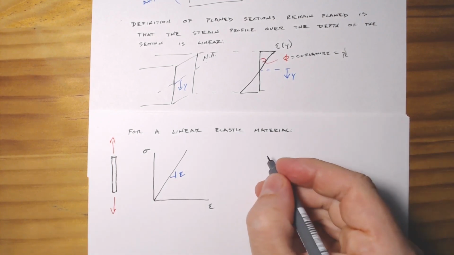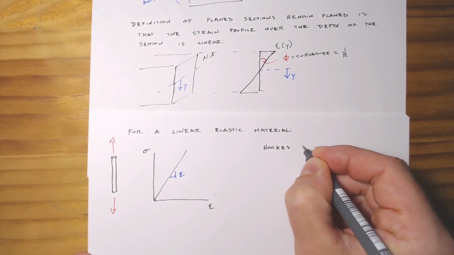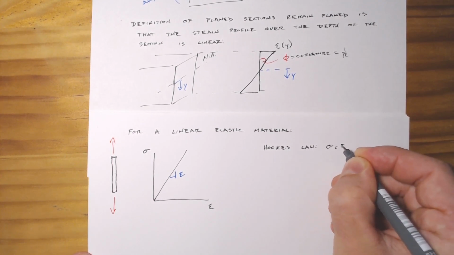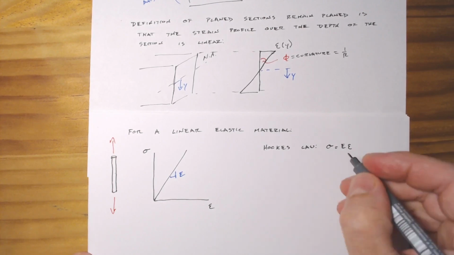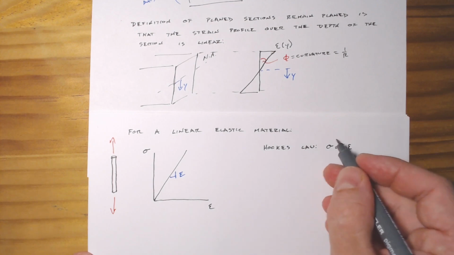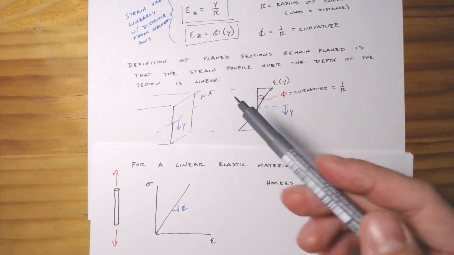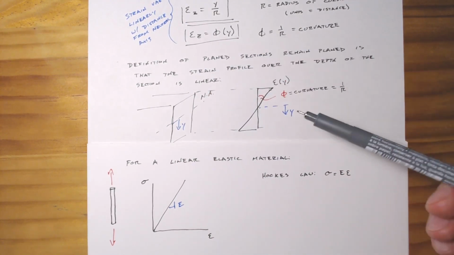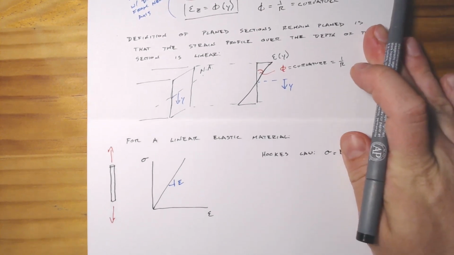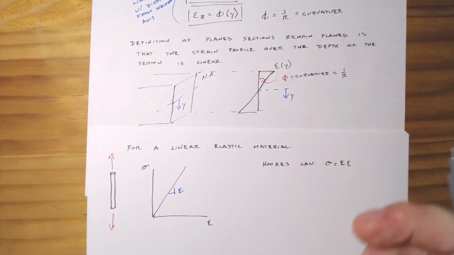So if we use the fact that from Hooke's law, the stress is simply going to be the Young's modulus multiplied by the strain, which is all this is saying graphically, we can use this and the fact that we have a relationship with strain to determine how our stress is going to change with the change of curvature and with the change of distance away from the neutral axis. So it's just a little bit of algebra and substitution.